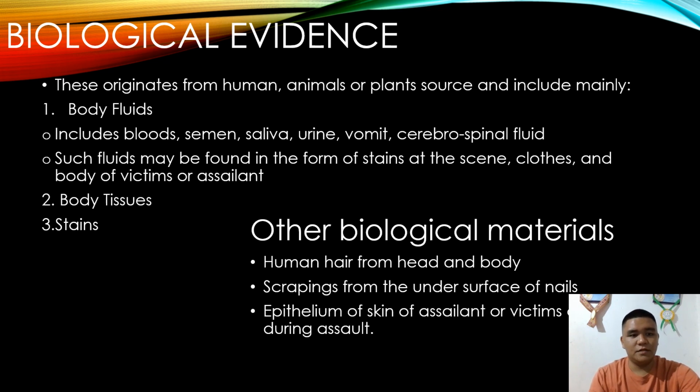Body fluid, including blood, semen, saliva, urine, vomit, cerebrospinal fluid. Such fluid may be found in the form of stains at the scene, clothes, and body of victim or assailant. Body tissues and stains.